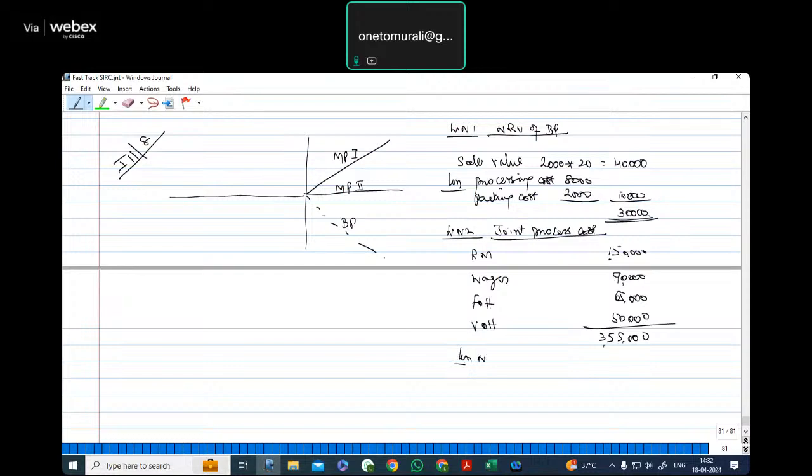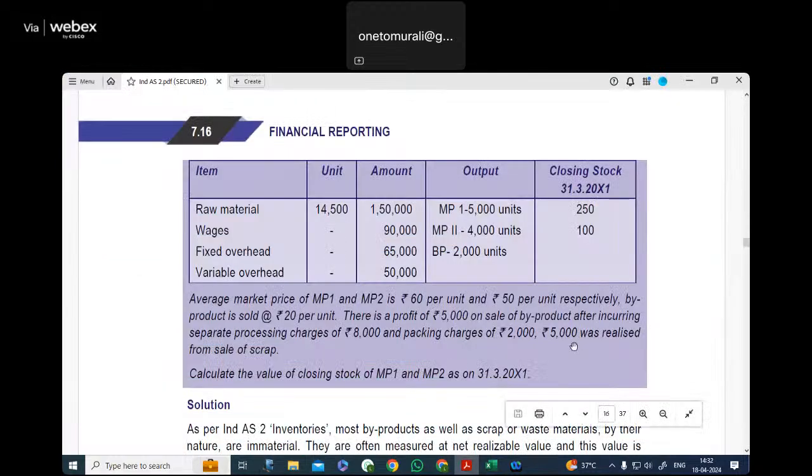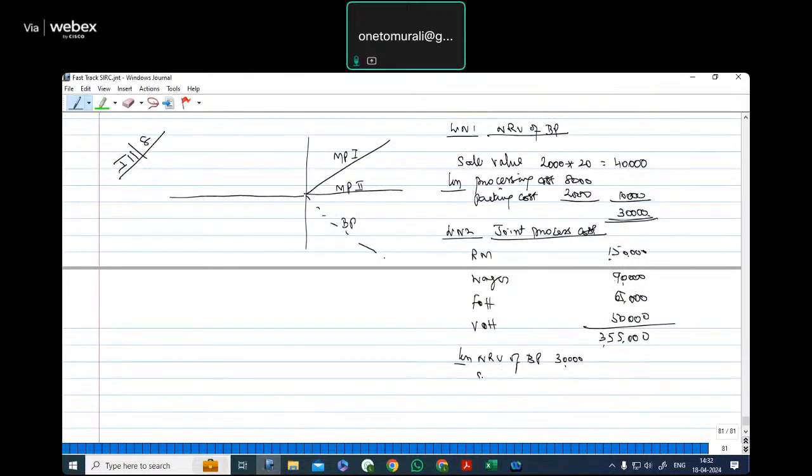So from that, NRV of byproduct purchases of 30,000 that you have. Towards the end, you have to the extent of 5,000, which was realized by sale of scrap. See, apart from NRV, there is also a scrap that they are selling.